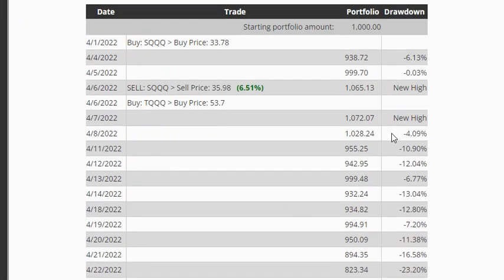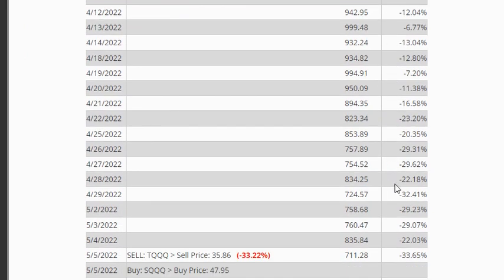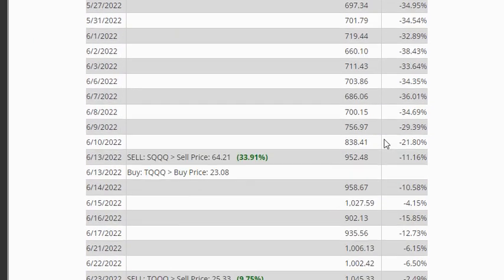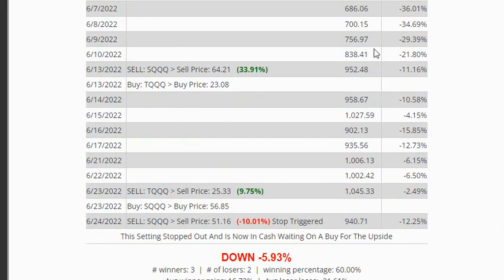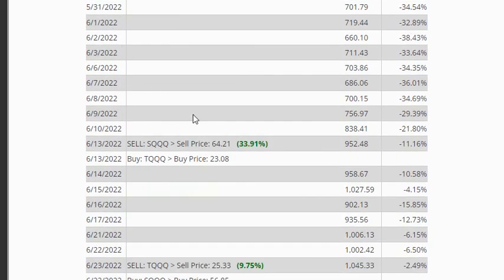So it started off a little bit, made a couple of new highs. Then it decided to just crater down 32%, 33%, 30%, 38%. And then it came all the way back to 4, didn't quite make it, dropped, and it's been struggling, and now it's dropped, and now it's just sitting out in cash. So, yeah, this one might have already had its big move, and maybe it's over.